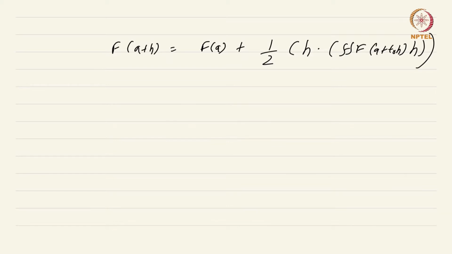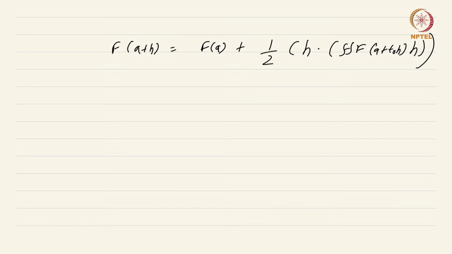I hope I have put the right number of parentheses. Now this quantity, the Hessian of f at a plus t naught h, is annoying me a bit. I want to determine the nature of the critical point a using only the data at the point a. I don't want this t naught h term. So I'm going to somehow try to get rid of this t naught h term.